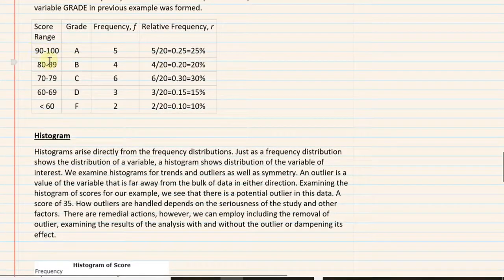See these categories, 90 to 100, 80 to 89, 70 to 79, there is no overlap. So for example, this category doesn't go from 70 to 82 and then this goes 80 to 89, because you can kind of see what could happen if you have overlapping categories. An observation could be placed in two places, and that would result in duplicate counting, and it throws everything off.